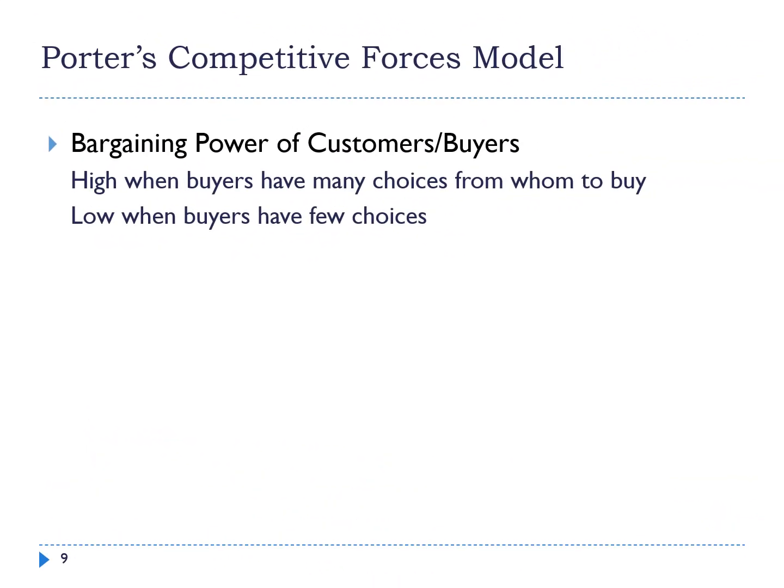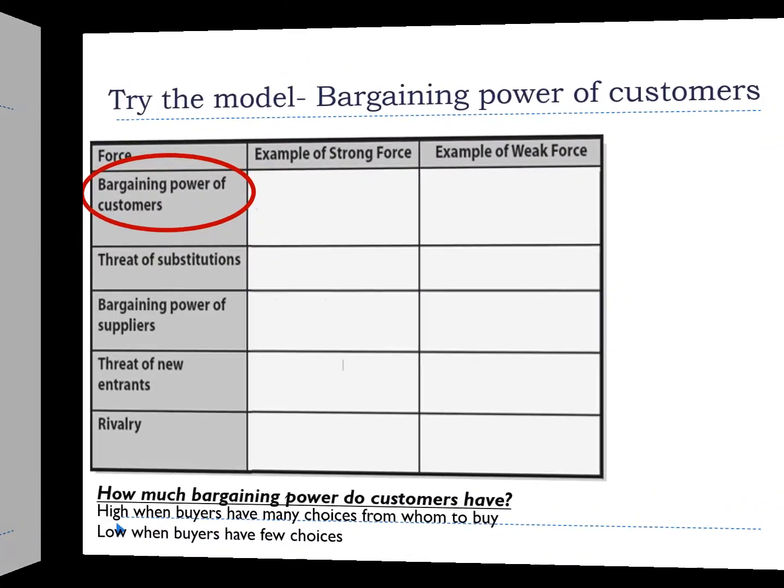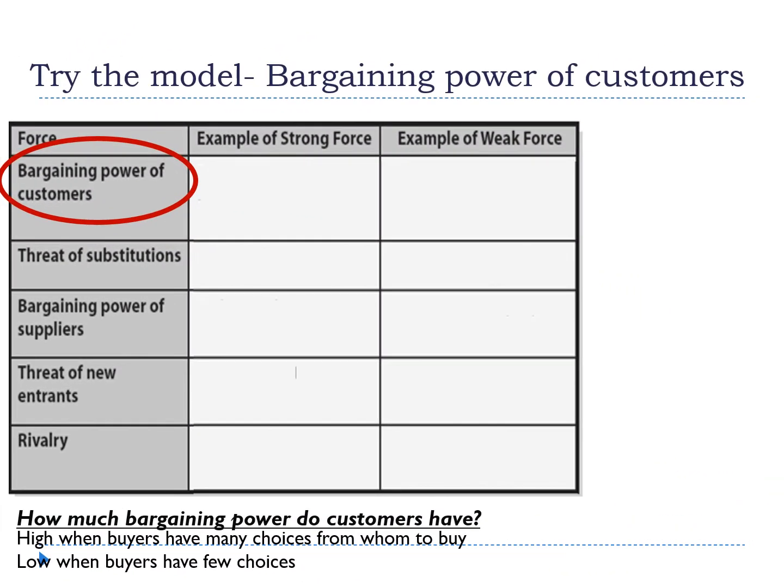The third force is called bargaining power of customers or buyers. Buyer power is high when buyers have many choices from whom to buy, and low when buyers have few choices. Again, let's go through some examples.